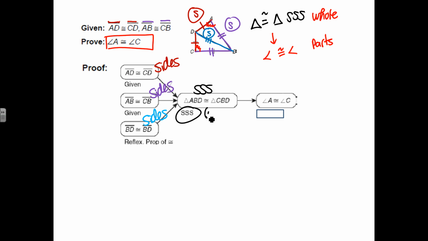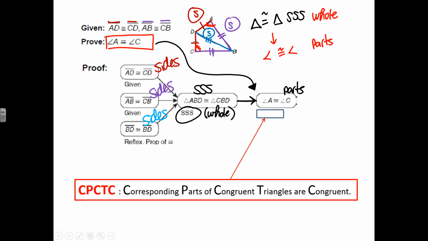And that would write the word whole here. If the whole is congruent, then the parts are congruent. And that is what we call corresponding parts of congruent triangles are congruent.